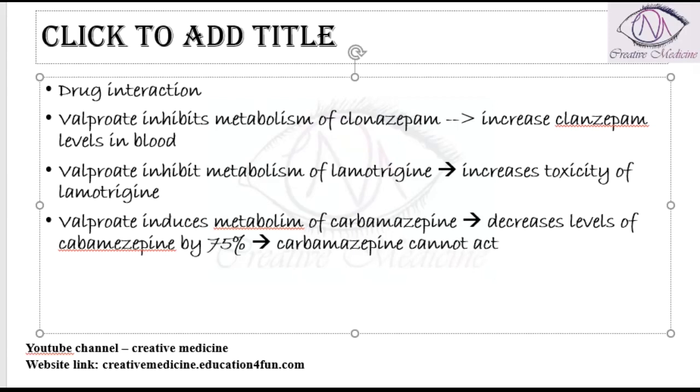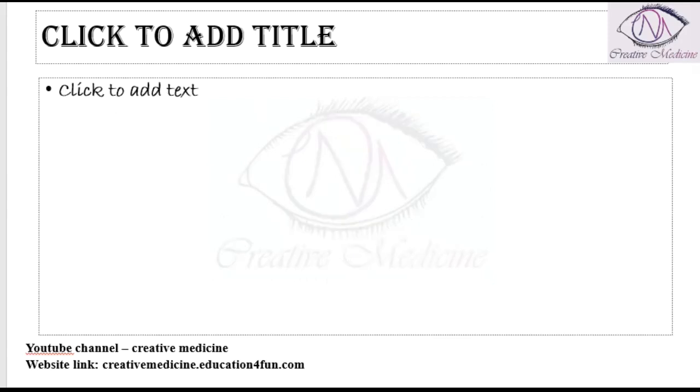As a result, the carbamazepine cannot act, and you will see the symptoms of the disease manifest. Phenytoin will also induce the metabolism of valproate, and thus the valproate levels decrease in the blood, and valproate cannot act on the disease.